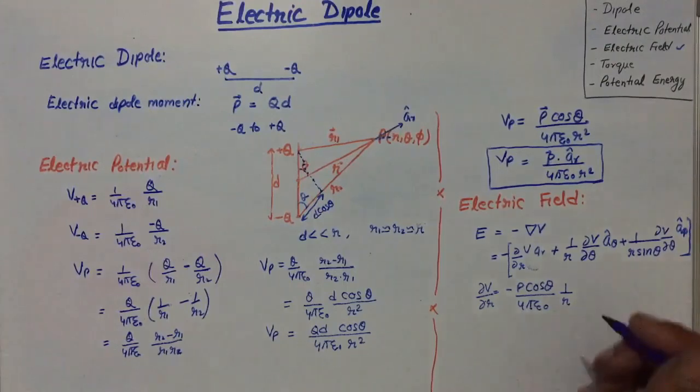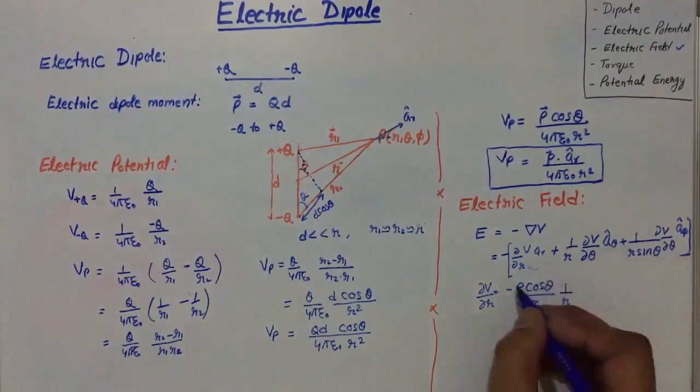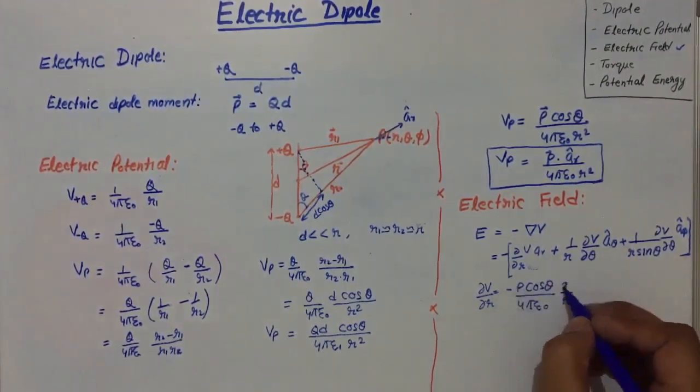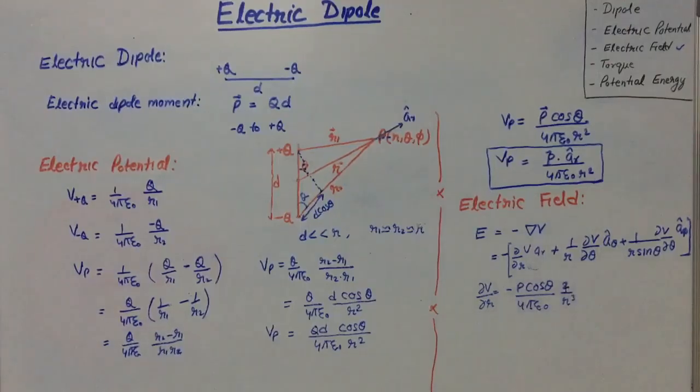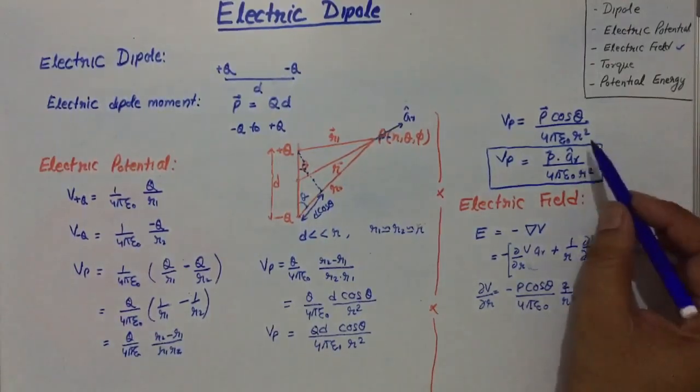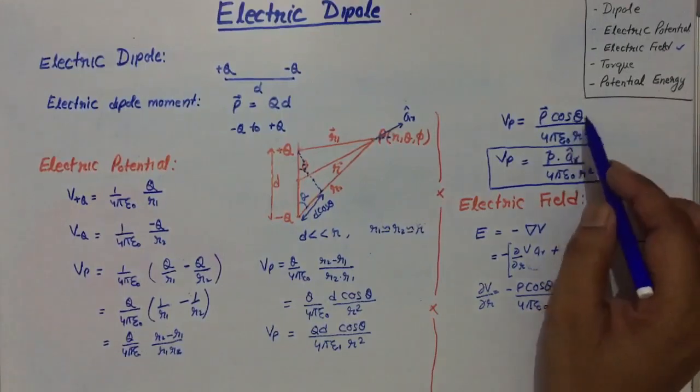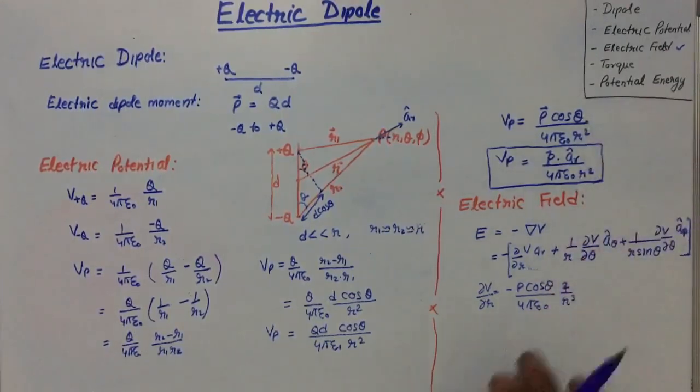No, I have integrated this. So it should be minus 2 by r cube. Yes, I think r to the power minus 2 will be here, cube. Okay, I'm sorry, it is okay now.